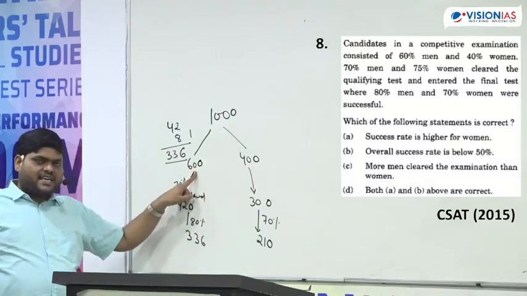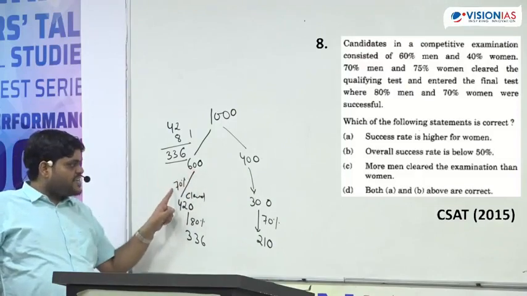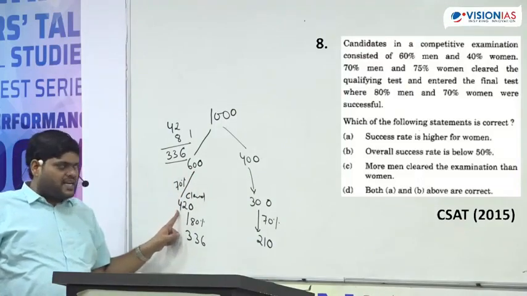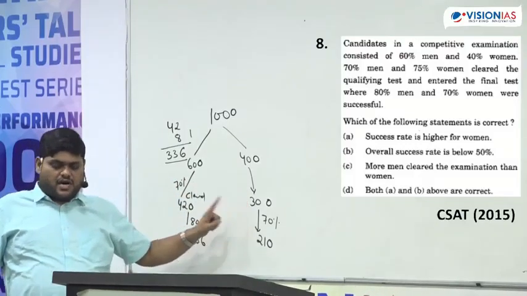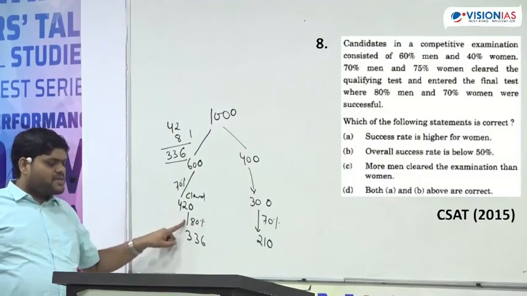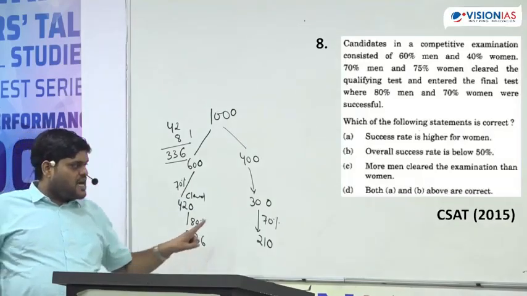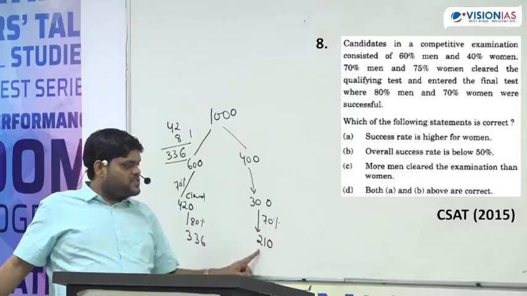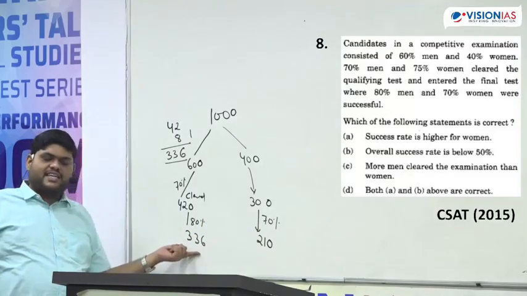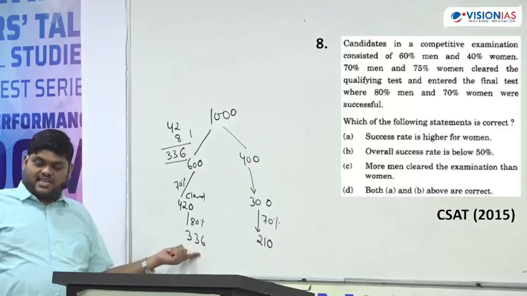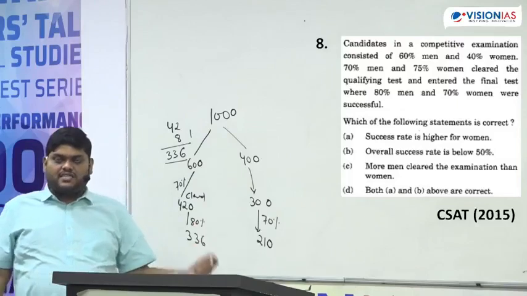Out of 600, 70% qualify, so 70% of 600 is 420 and 75% of 400 is 300. Now out of this, 80% finally cleared. 80% of 420 is 336 and 70% of 300 is 210. So final men who cleared the examination is 336, and final women who cleared the examination is 210.